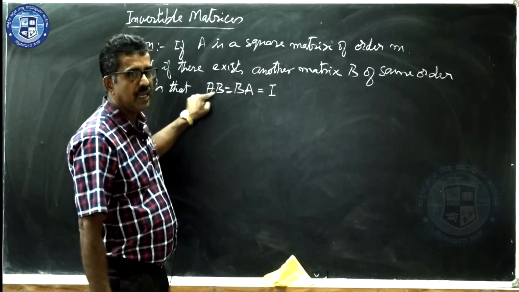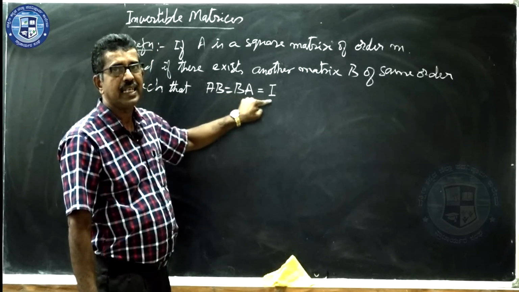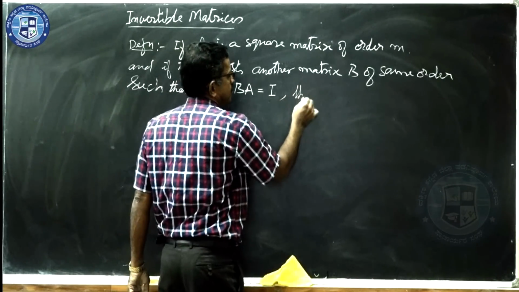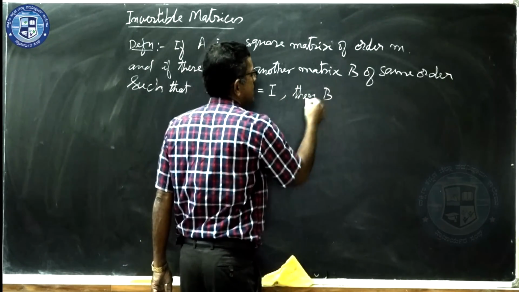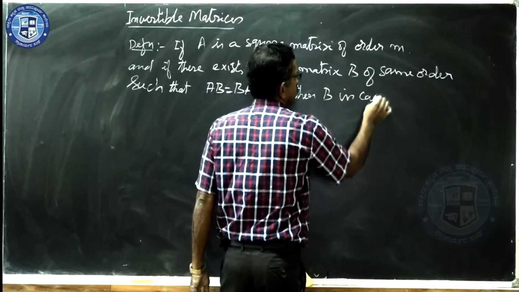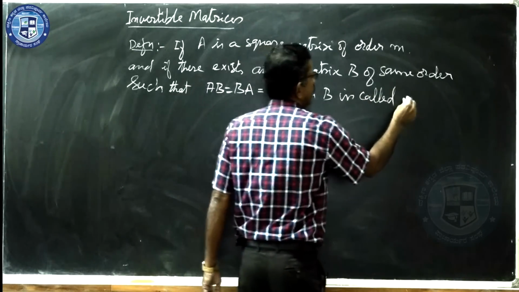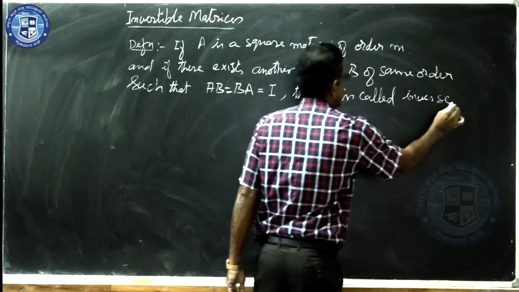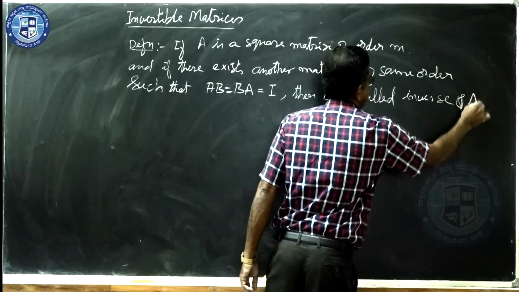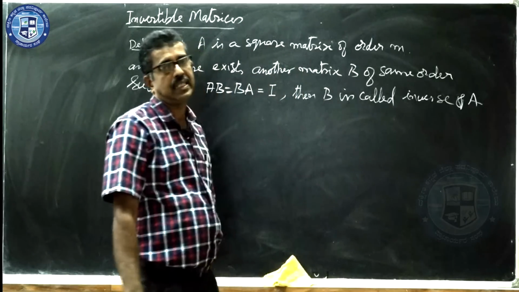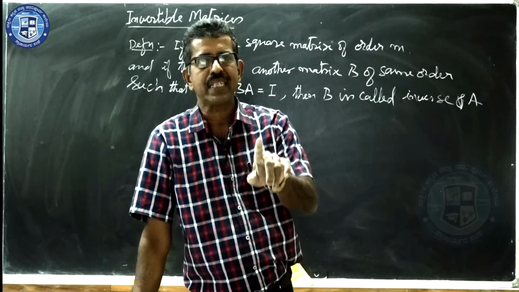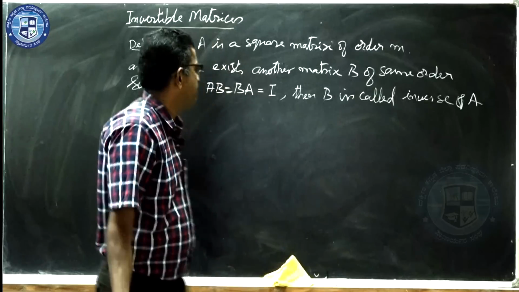If A into B is equal to B into A, that is equal to I, then B is called the multiplicative inverse, or we simply call this the inverse. B is called the inverse of A, and vice versa. Vice versa means when B is the inverse of A, we must have A is the inverse of B.